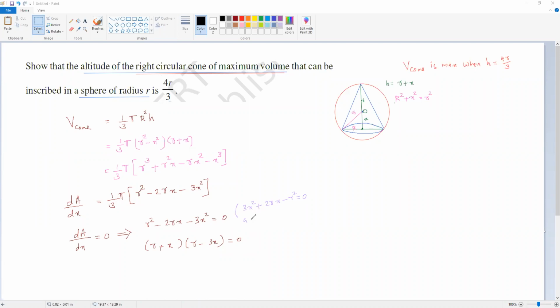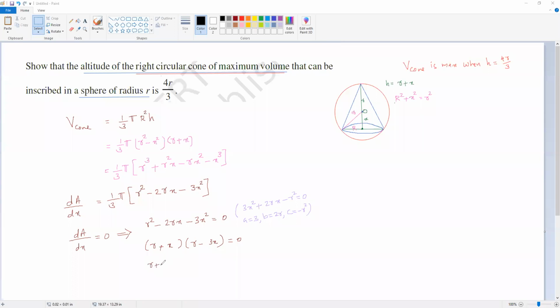So a is equal to 3, b is equal to 2r, c is equal to minus r square. Then you can use minus b plus or minus under root b square minus 4ac divided by 2a to solve. Otherwise, if you know factorization, you can directly factorize.